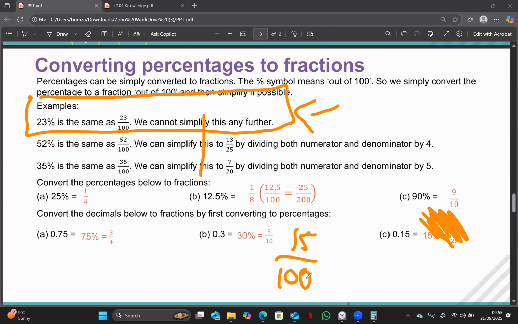Remember, for these kinds of questions, you can even get help from your calculator. You can just trial it: 15 divided by 1, 2, 3, 4, 5, and so on. 15 divided by 5 is 3 and 100 divided by 5 is 20. So the answer is 3 over 20. Was that clear to you? Yeah.